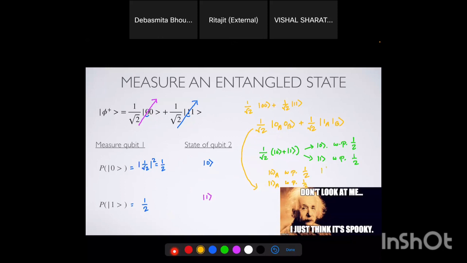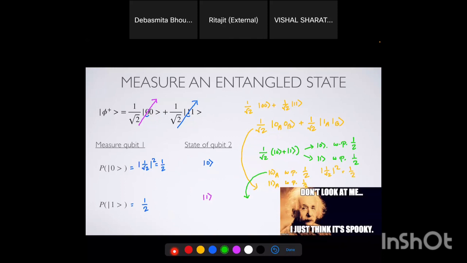Because it's basically the modulus of the coefficient squared, that is half. Good. Now let's assume that I have got the outcome 0 for my first qubit. So now the state has collapsed and there cannot be any 1_A portion. Once I have measured and got the outcome 0_A, there cannot be any 1_A portion.